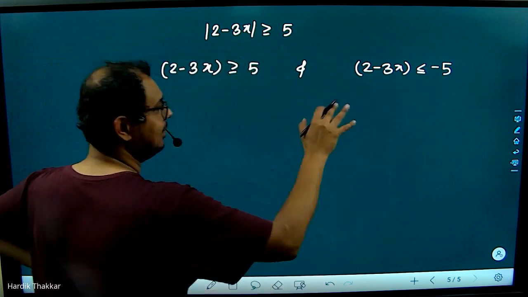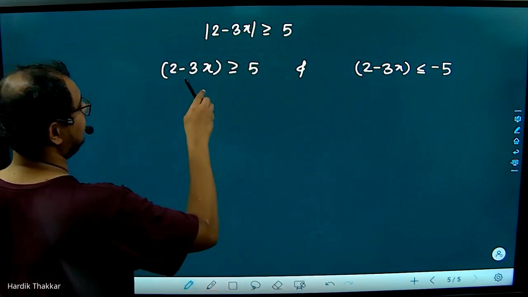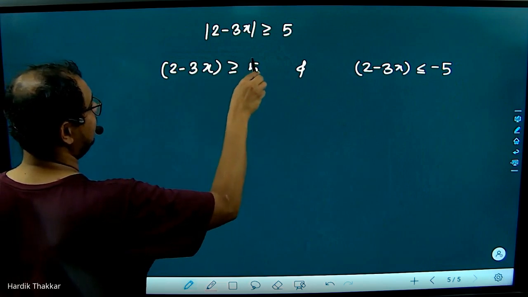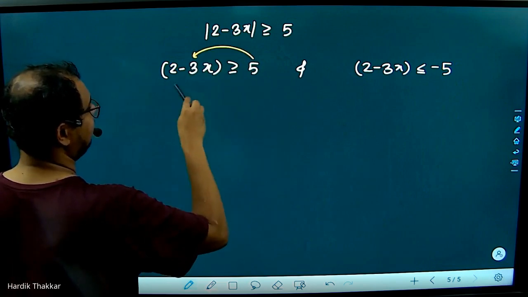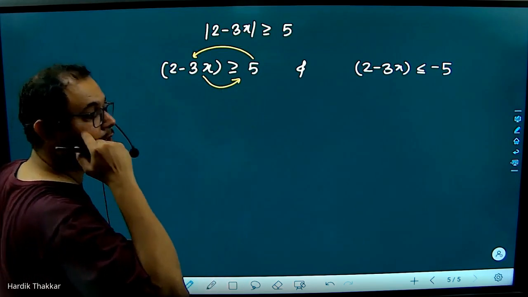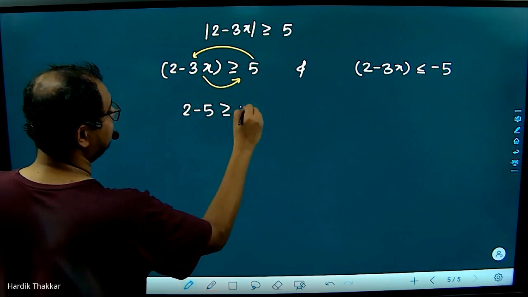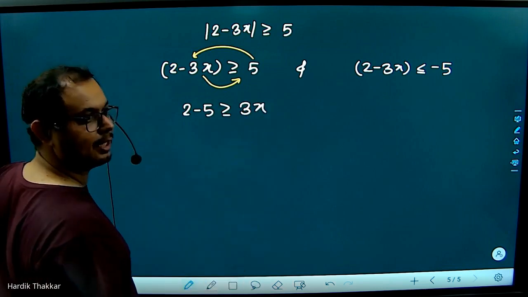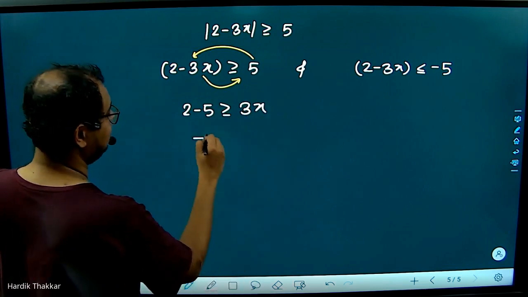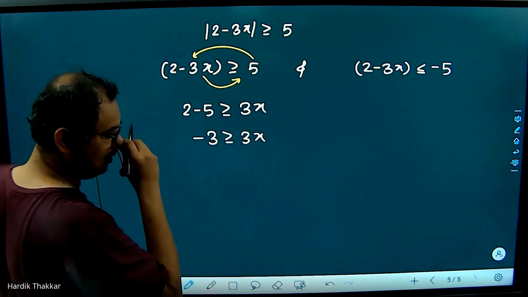You have considered it like this. Now for the next step, just shift this 5 here and minus 3x here. So you will get 2 minus 5 greater than or equal to 3x. Okay, correct?